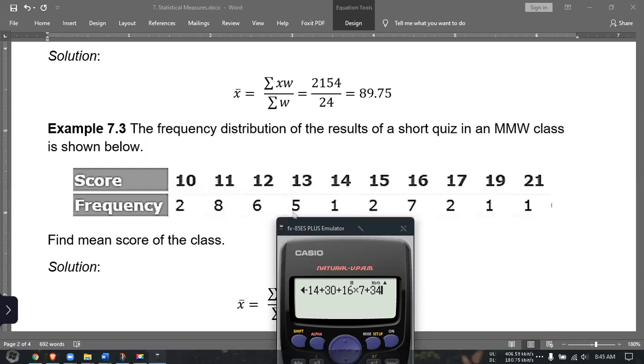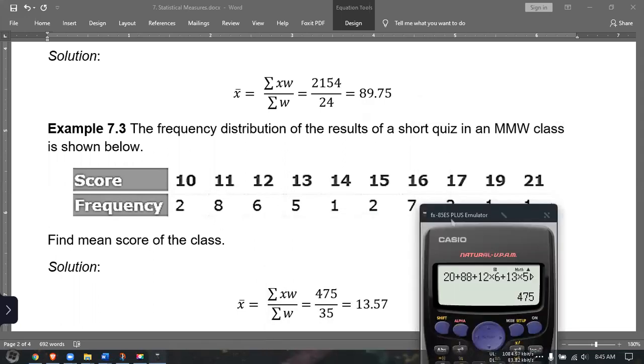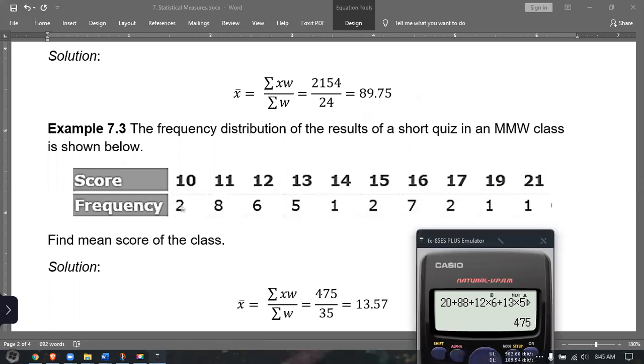The total should be 475. That's right, 475. Then we divide by the total number of students, which is the total of the frequencies.